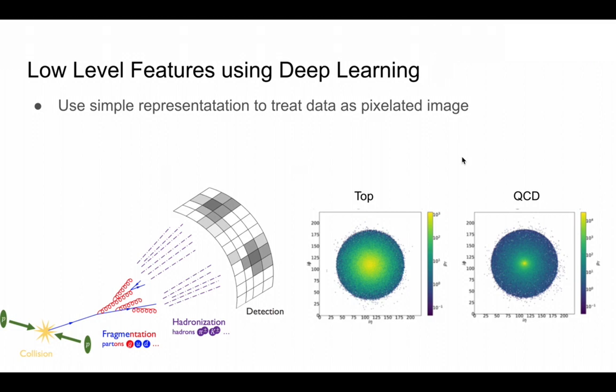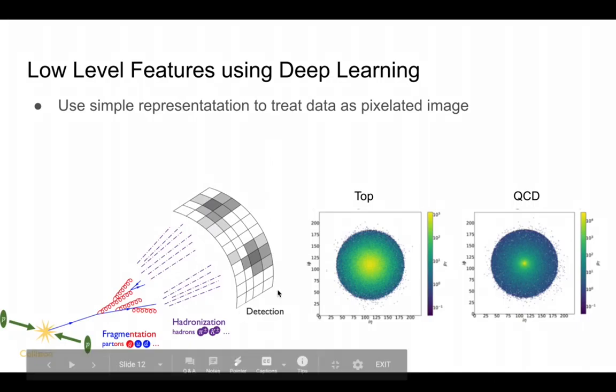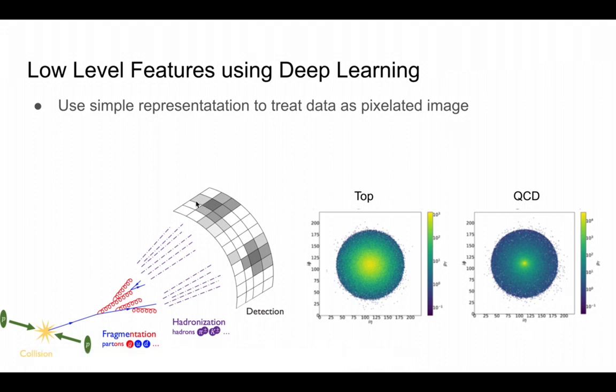Using low-level features, we can deploy deep learning algorithms to achieve the same top quark versus QCD quark jet classification. Here is an example of the calorimeter cell. The calorimeter measures the energy deposition of hadrons.